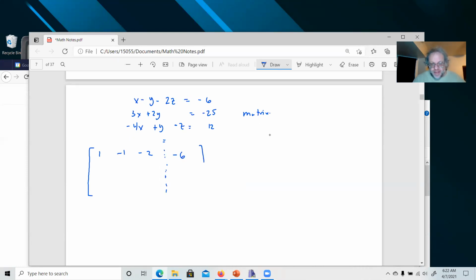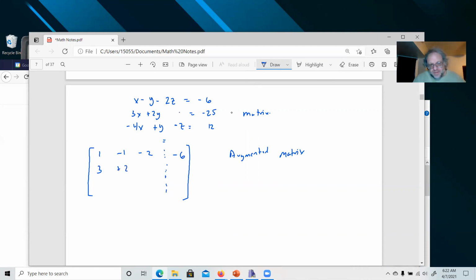If you ever take a class called linear algebra, they will call this an augmented matrix. It's augmented because we have the little dotted line here. I teach linear algebra, and I've never asked somebody to tell me the difference between a matrix and an augmented matrix. So the vocabulary is nice, but not huge.